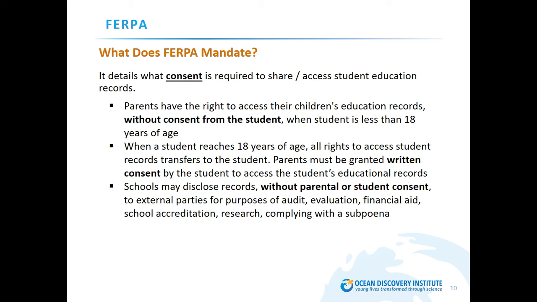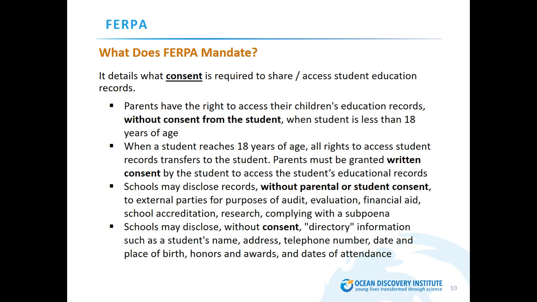Schools are also able to disclose without consent directory information, which includes name, address, date of birth, telephone number, place of birth, awards and honors, and dates of attendance. All Ocean Discovery Institute staff must remember these FERPA guidelines when speaking with parents about their student.